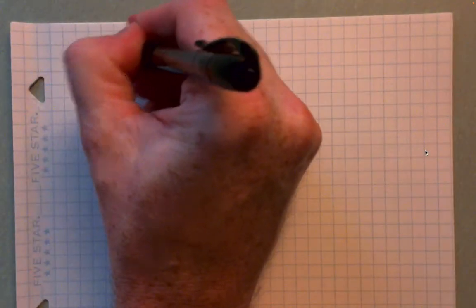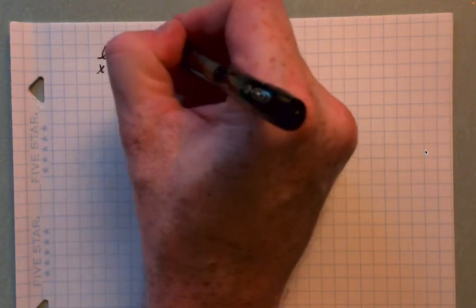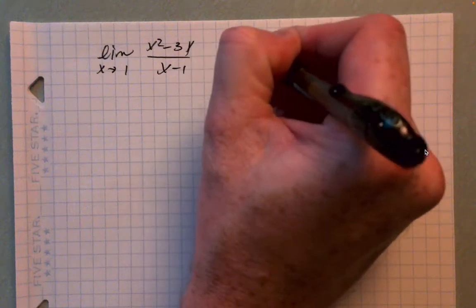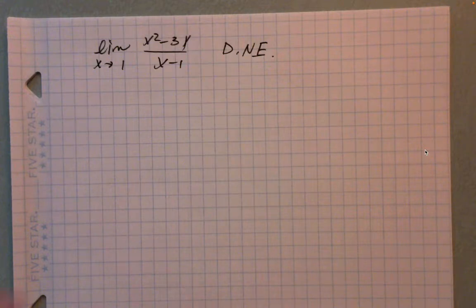Okay, and so those two facts together would tell you that the overall limit doesn't exist. There is no overall infinite limit, right? So the limit as x approaches 1 of the function does not exist. And that's just because the left and the right hand limits don't agree, right?